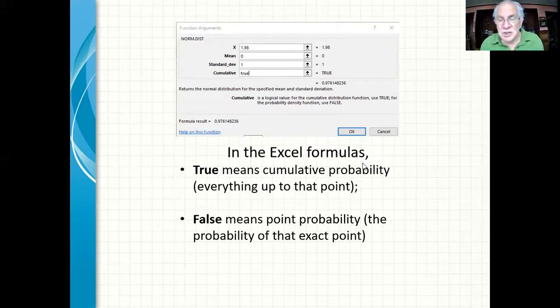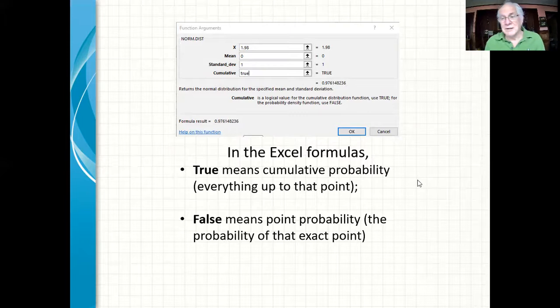True means the cumulative probability, the probability of something up to and including that point, no matter where it's at. The Excel formulas will not let you figure out directly the percent to the right of that point. It always tells you the area to the left of that point.